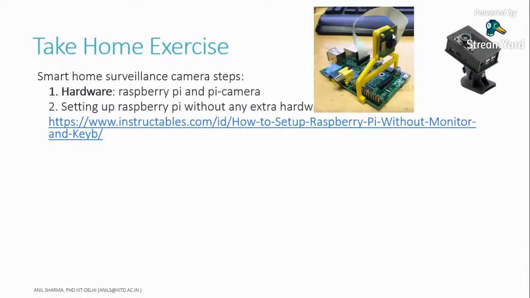To set up the Raspberry Pi without any extra hardware like a monitor and other stuff, you can use SSH, and this link provides the details on how to do it.